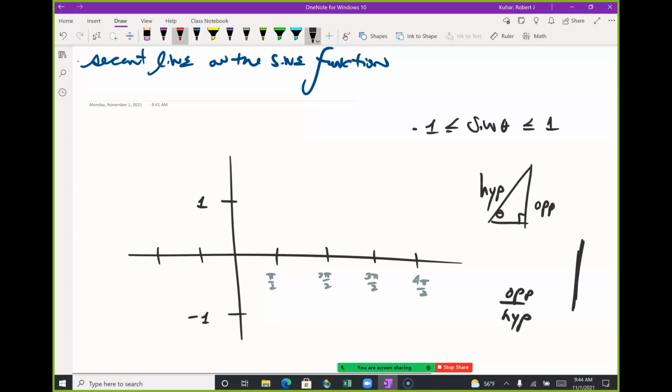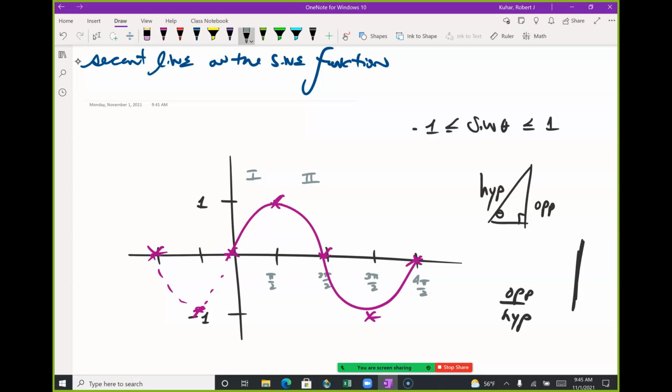So then we have our little pattern here, 0, 1, 0, negative 1, 0. In fact, I can work that backward. But here's my main sine function, and I want to think about that curve in quadrant 1, quadrant 2, quadrant 3, quadrant 4. All students take calculus.